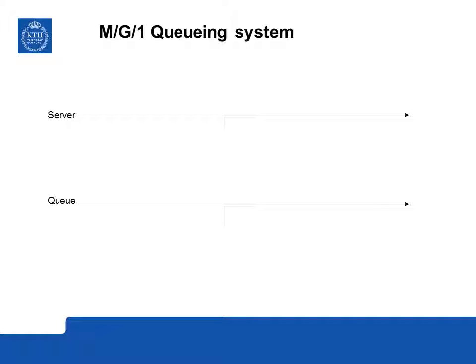A general queuing system is characterized by a queue and a server, and customers arrive at different time instants in sequence to the queue. Customer n will arrive at time Cn, and a little bit later the next customer n plus 1 will arrive at Cn plus 1. When customer n has reached the front of the line, he will go on to the server, and he will start being served, and when his service is completed, he will leave the system.